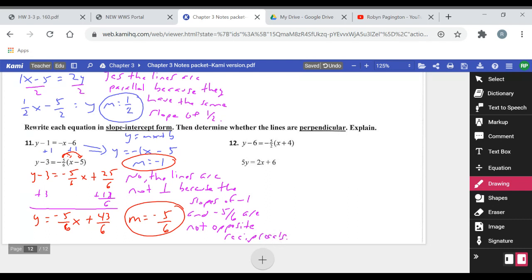Or you could say the product of the slopes is not -1. So again, just make sure you're answering the full question and explaining. And I think it's helpful to actually put the slopes in my response to show that I did that work.